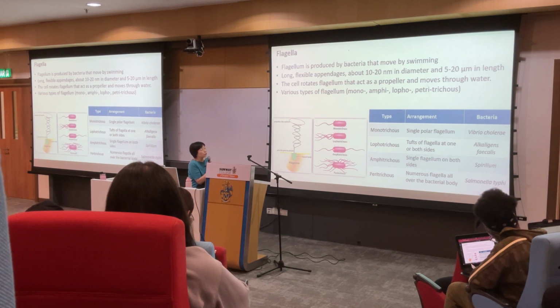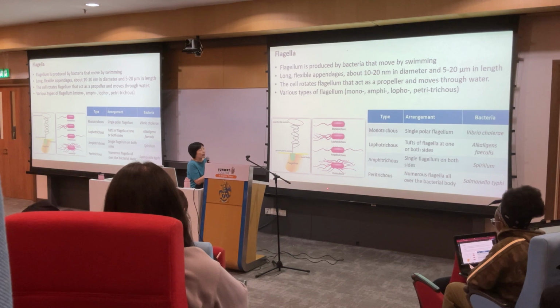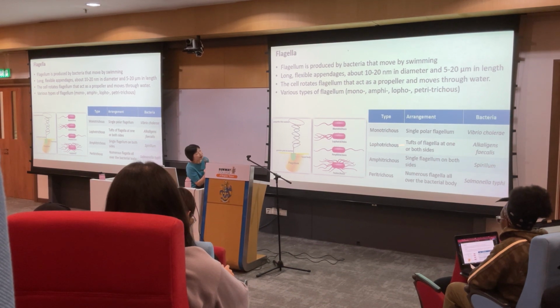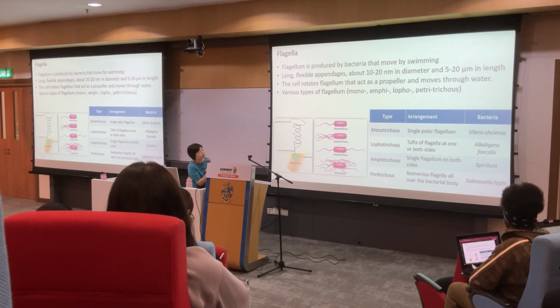If they have two flagella, one from each opposite end, they are called amphitrichous. And if flagella come out everywhere from the cell surface, they are called peritrichous. So those are the table that describes each type of flagella and the bacteria having this kind of flagella. All right.